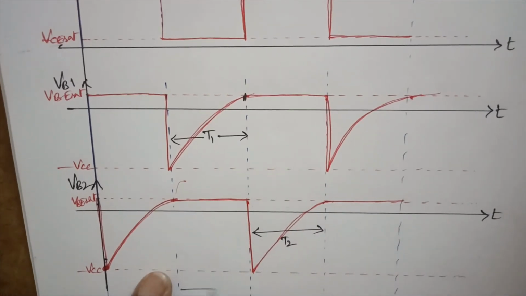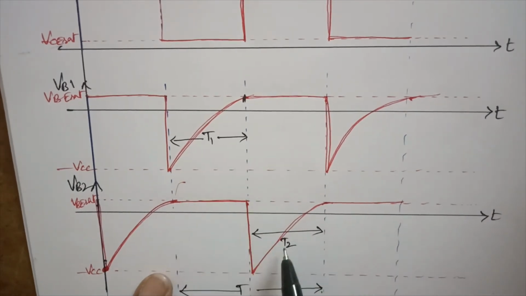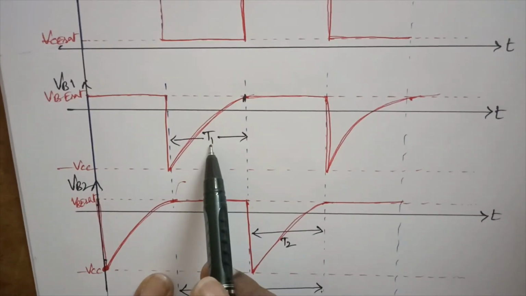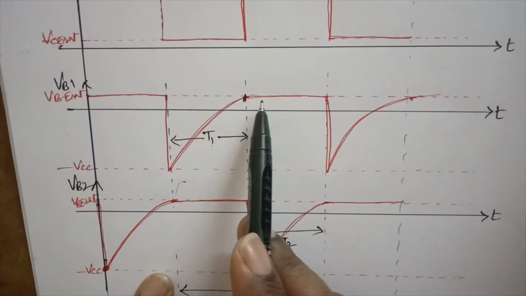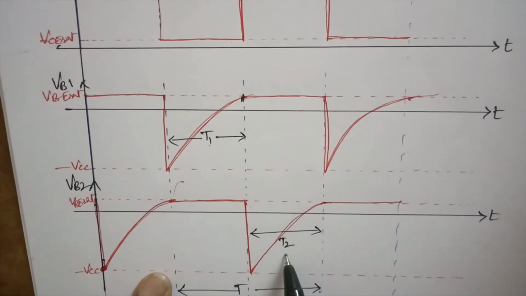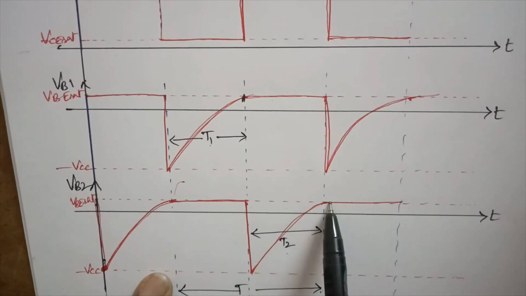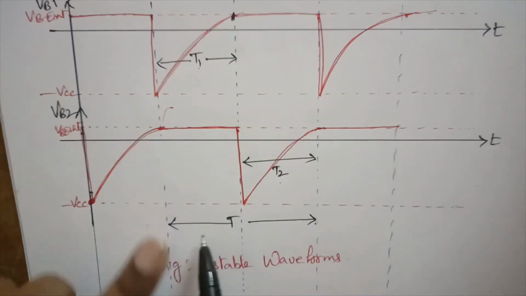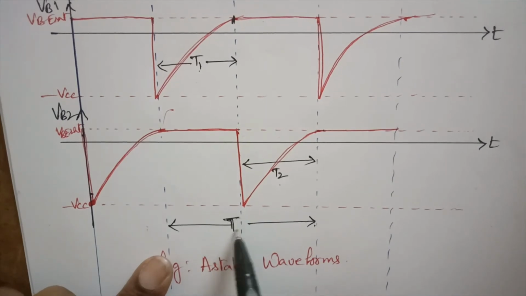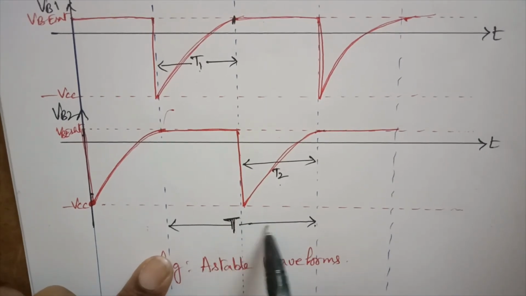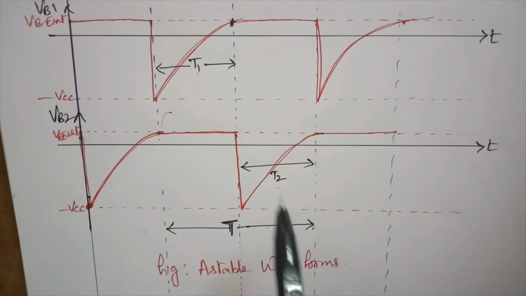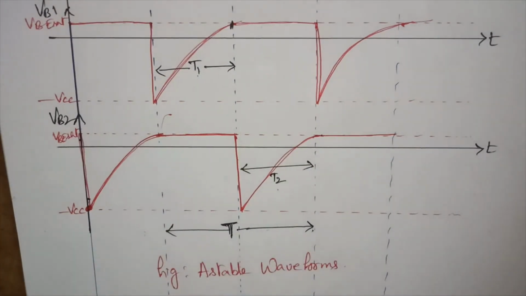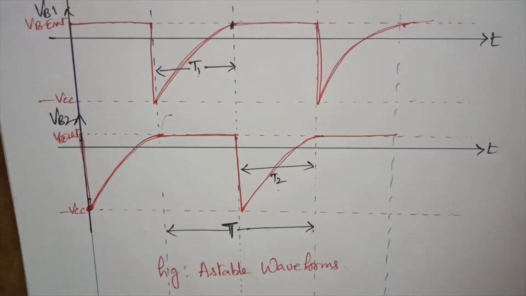They decide the time period of the astable multivibrator. T1 is the time taken to switch on Q1, and T2 is the time taken to switch on Q2. So the sum of T1 and T2 gives the time period of the astable multivibrator. From this diagram I derive the expression.